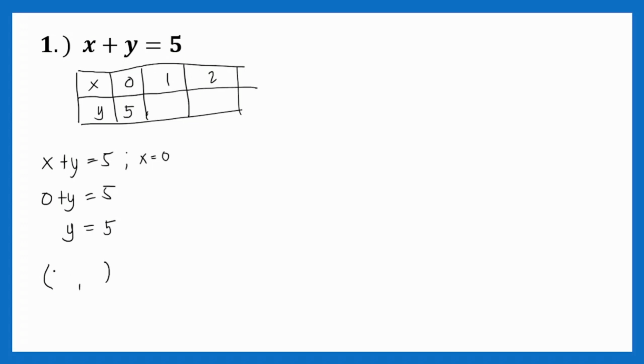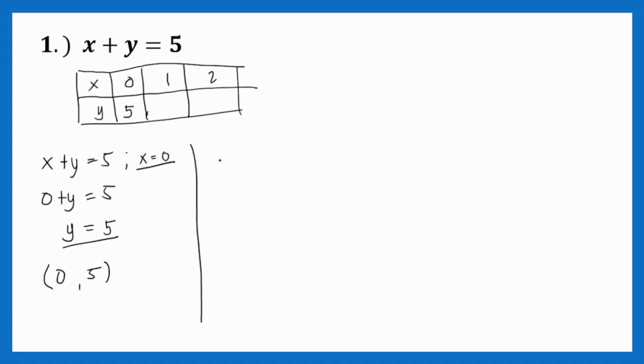Alright. So, itong ordered pair ay point yan kapag pinlot natin sa graphing paper. So, lagi mauuna si x. So, ito yung x, ito yung y. So, anong value ang mauuna? 0. So, dapat dito is 0, followed by 5. So, ito yung first ordered pair natin. Okay? So, ito din yun, 0, 5.